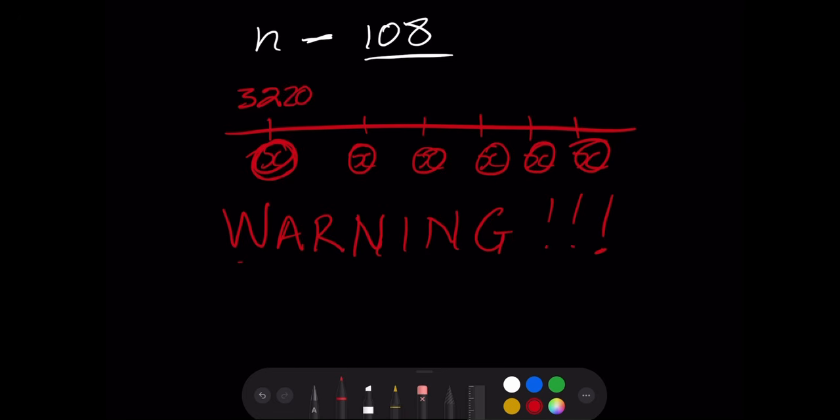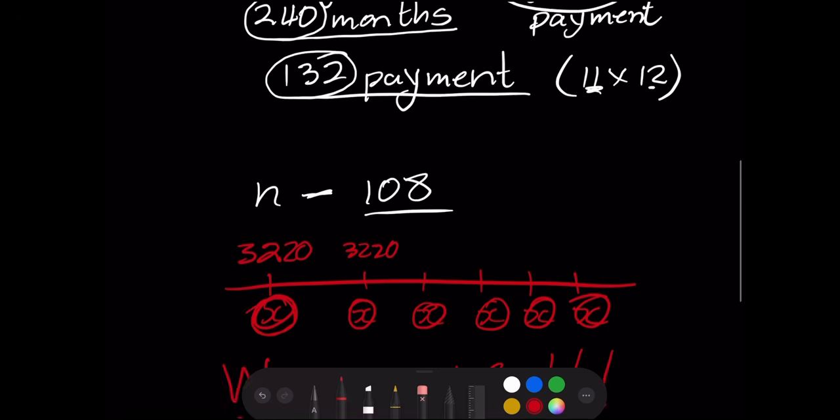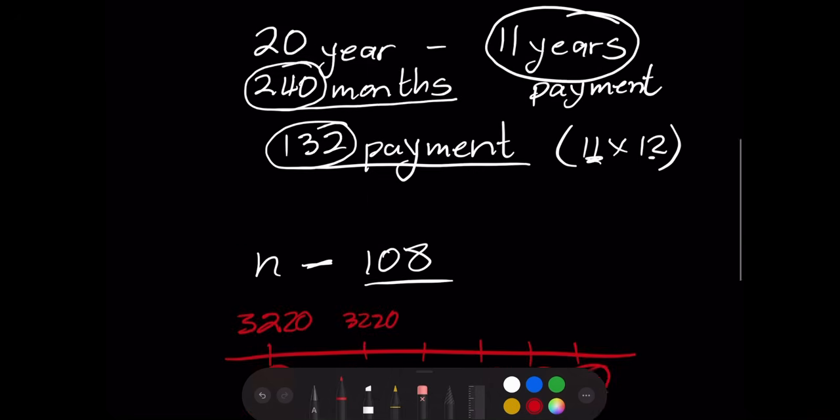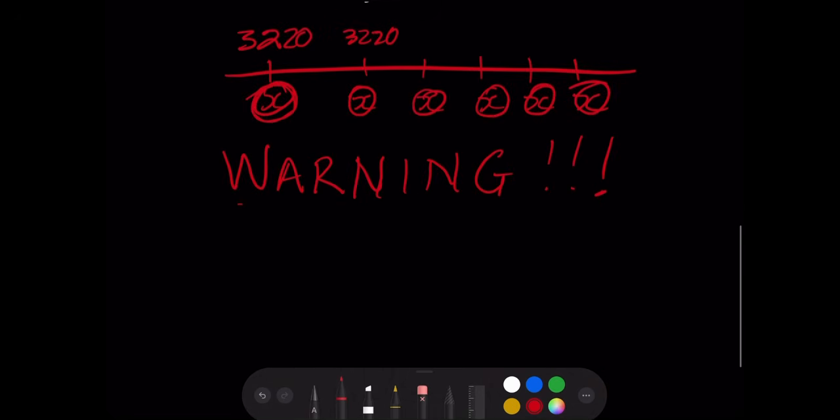3,220 every month. Now, if I keep on paying this amount of 3,220 every month, then you can use this formula. However, please, I want to give you this warning.